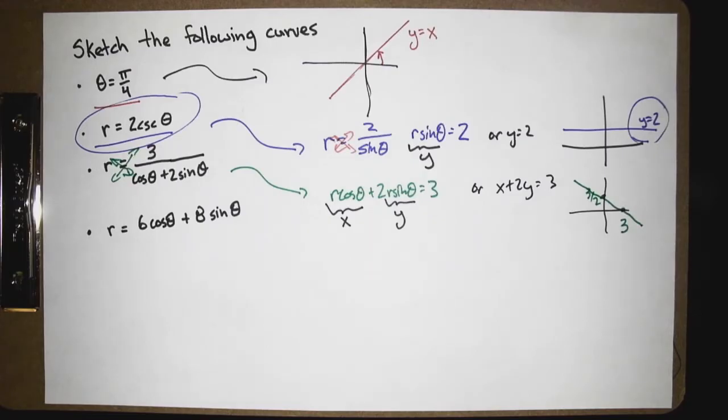All right, last one here. r equals 6 cosine theta plus 8 sine theta. No cross-multiplying involved here. What do we need?